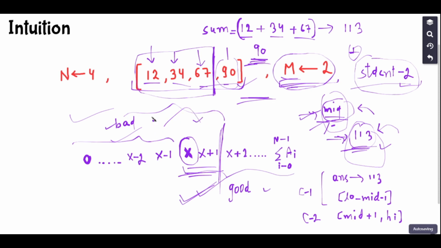Let's say mid lies here, and since this is not satisfying the conditions, the mid which satisfies the conditions lies on this side. So that's why I am reinitializing the range to these values, mid plus 1 to high. These are the two cases that we have, and that's how we perform the binary search. I hope you got the idea where we are going, and now let's see the implementation of these ideas on the next slide.